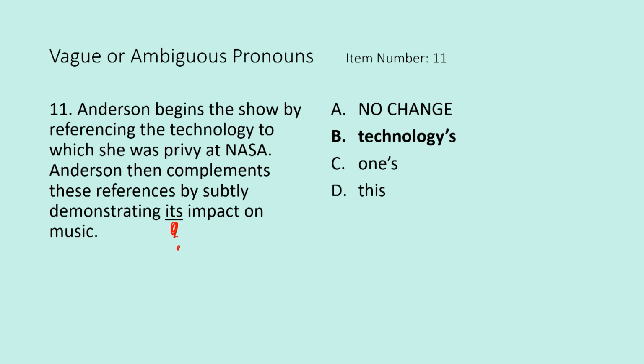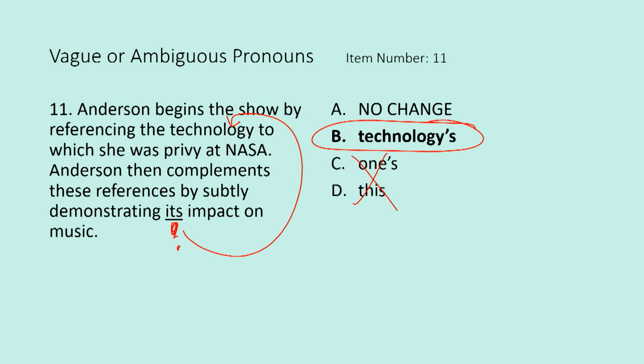So it takes some time to go back, and you see that we have to go back to the previous sentence to see that it's talking about the technology's impact on music, okay? And so we know that the best answer is the technology's impact. If we go to ones or this, that's still very ambiguous.